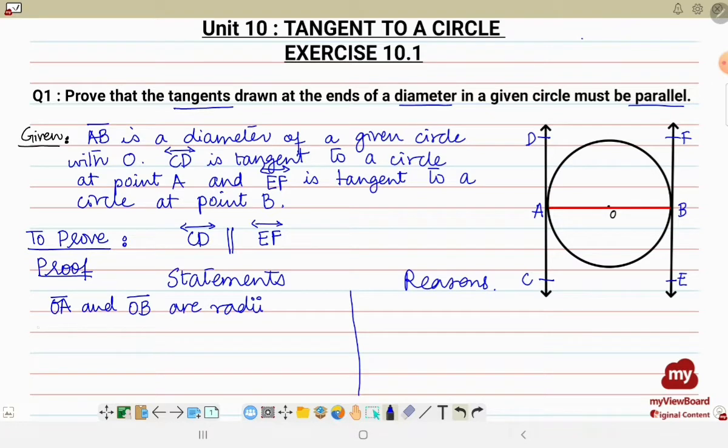Now CD is also tangent to a circle at point A, you can say. So we can write that OA is perpendicular to CD, right? This we have done in a theorem that radial segment is perpendicular to tangent line. This is a symbol for perpendicular.